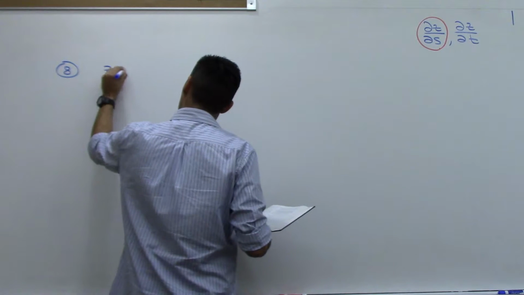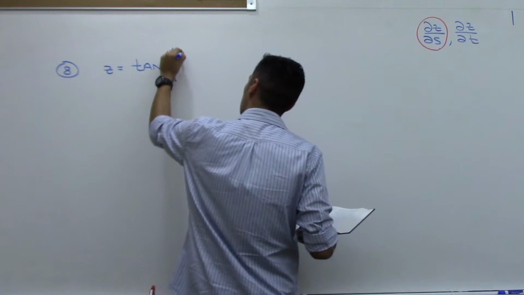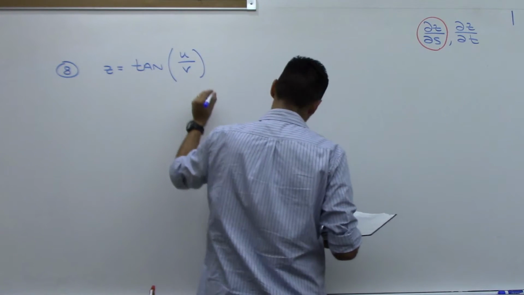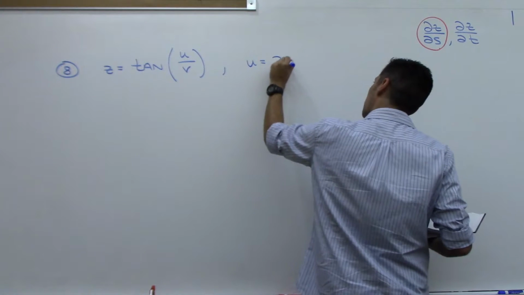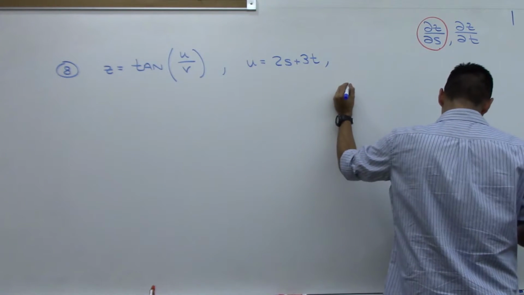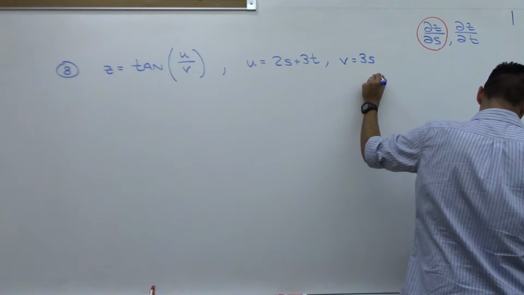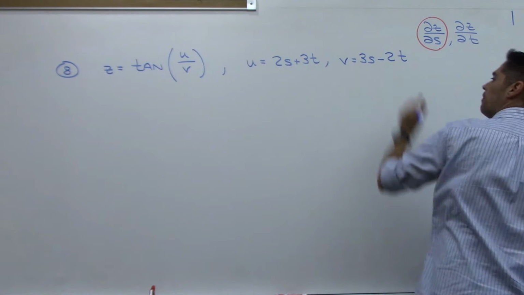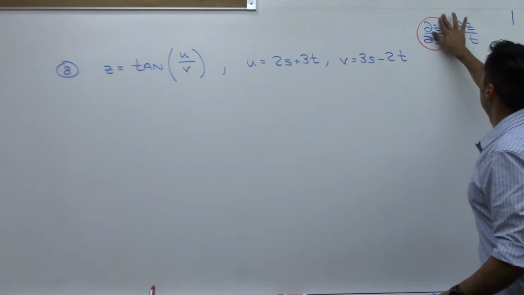Z is tangent of u over v. U is equal to 2s plus 3t. V is equal to 3s minus 2t. And they want the same two things here.